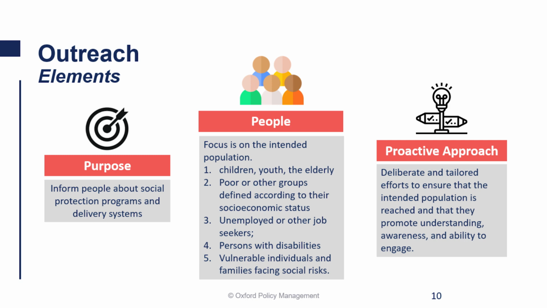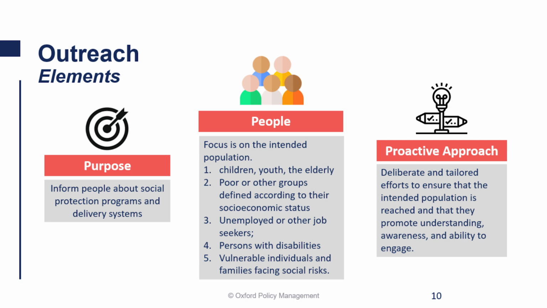The intended population may include, among others, children, youth, and elderly, or other demographic groups. It may include the poor or other groups defined according to their socioeconomic status. It may include the unemployed or other job seekers. It may include persons with disabilities, persons who are vulnerable, and families facing social risk.